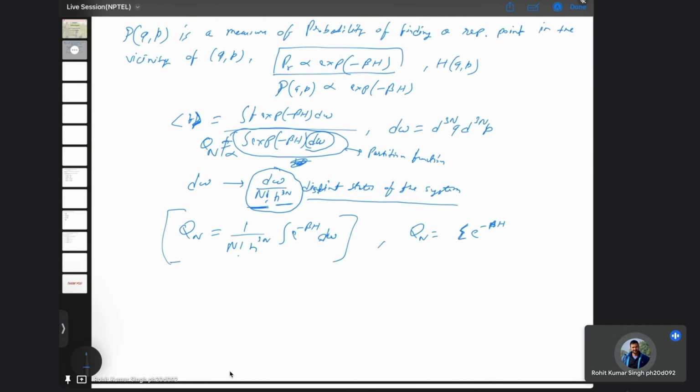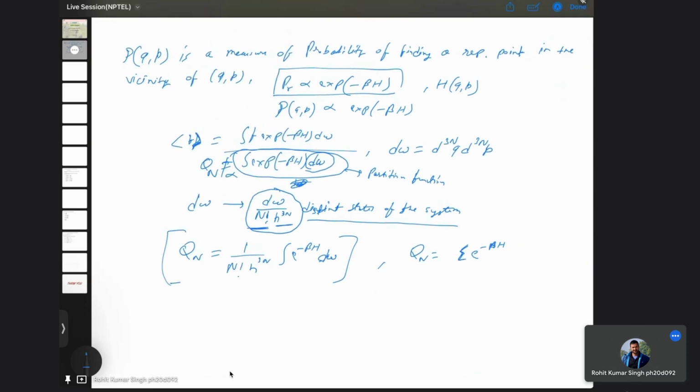This is very helpful while solving some problems of classical systems, and you will see how this formula is useful further in the problems we solve.